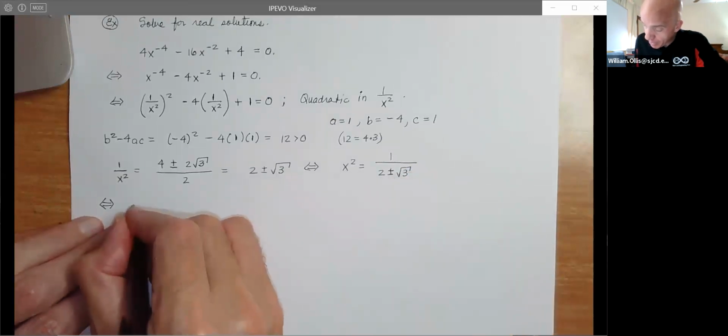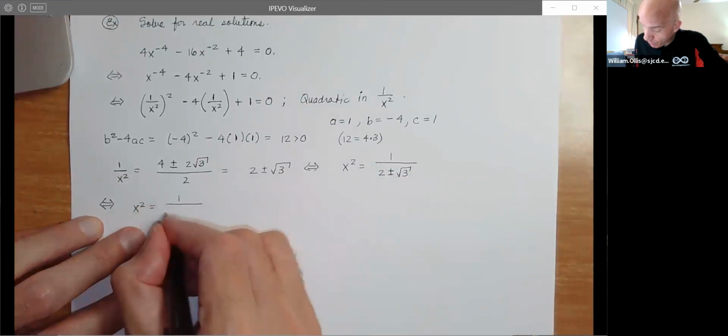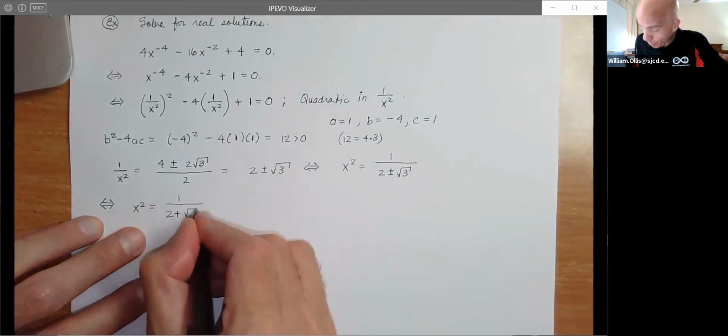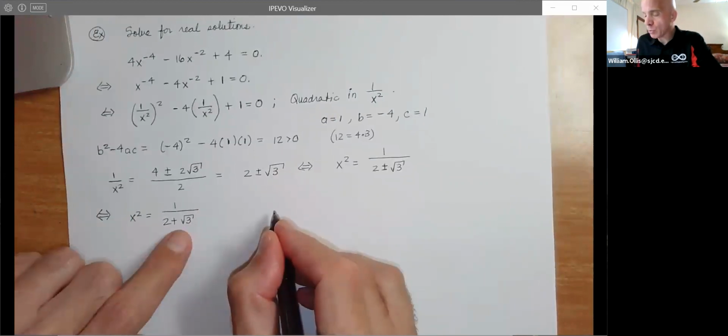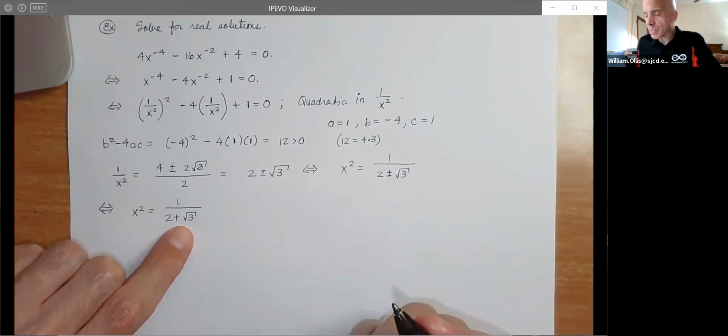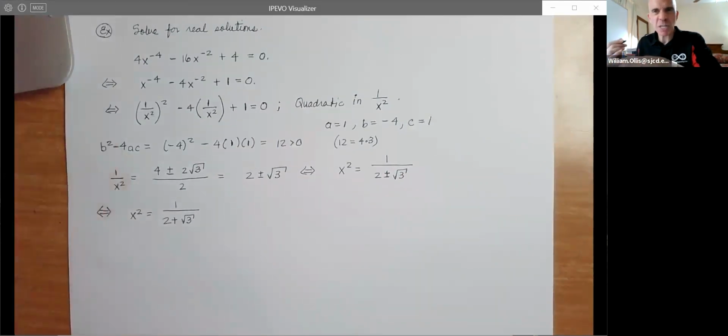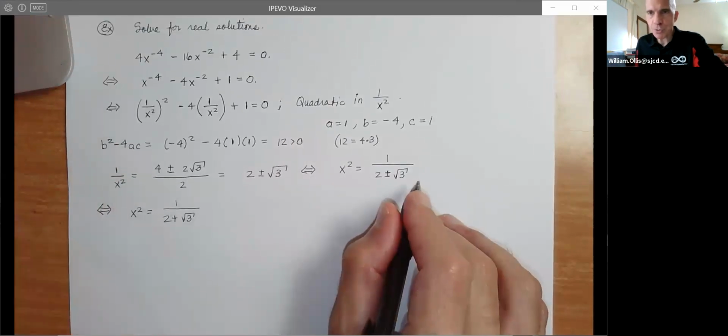So we have x squared equals 1 over 2 plus square root 3. Now there's absolutely nothing wrong with this. We can take the square root of this, but one thing you've noticed is that if that's the case, can we go ahead and rationalize this and maybe simplify it a little bit? Just a personal choice.